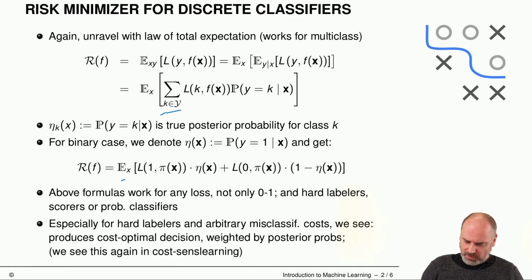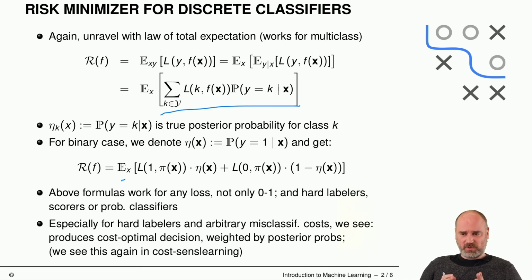If you would minimize this in terms of the decision you would take, which is exactly what we're going to do in a few minutes for 0-1 loss, where I will derive the result, you would look for the cost optimal decision under such a cost matrix, which is then weighted also by these posterior probabilities.